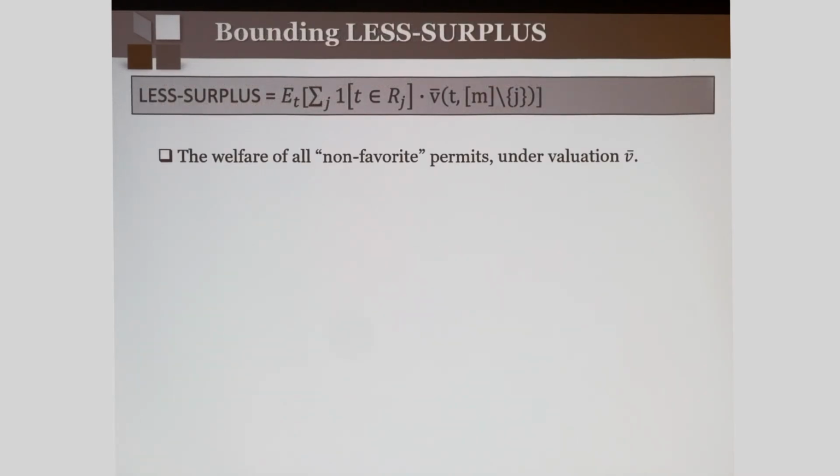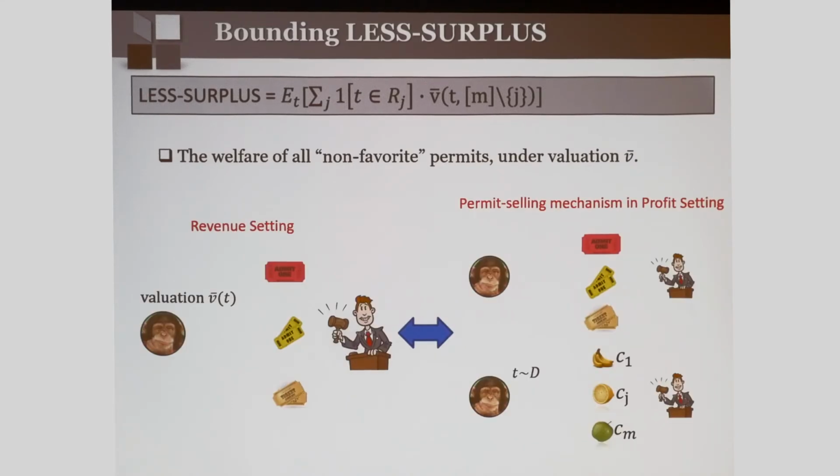As you can see, this is the sum of the bidder's value for all the items that are not the favorite permit, but under the new valuation V bar. To bound this term, we consider a related revenue maximization problem where the seller is actually selling the permit, but the buyer has the valuation V bar on this permit.